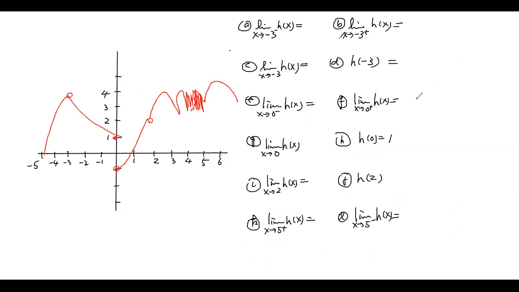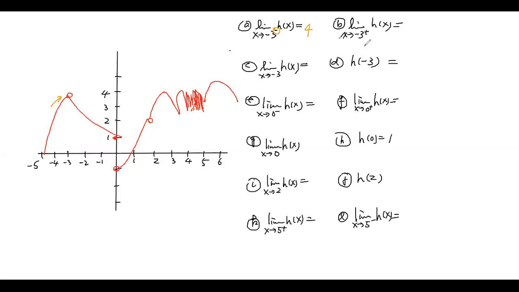So the first one here is the limit as x approaches -3 from where? From the left-hand side, right? -3 is here, so I approach -3 from the left-hand side. What is the limit getting closer and closer to? Closer to 4, right? Now I'm color coding the same thing.